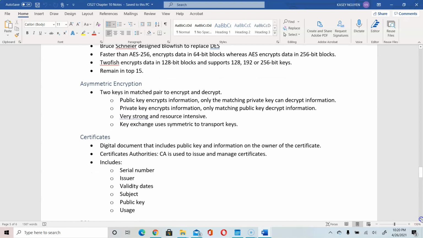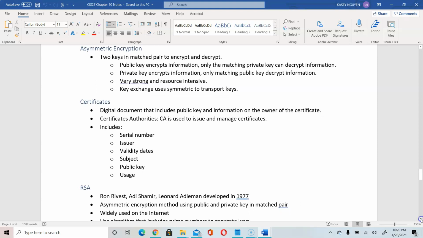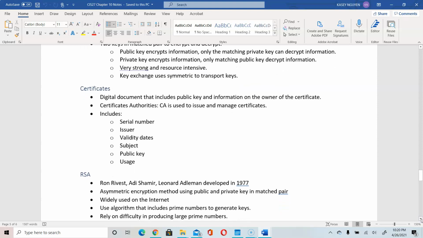So in the next part, I'm going to talk about certificates before we answer the rest of our exercises for the assignment. A certificate is implemented for the key and authentication process. A certificate is basically a digital document that includes a public key and information about the owner of that certificate.